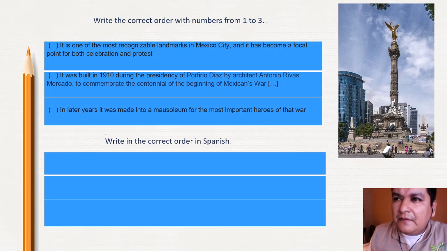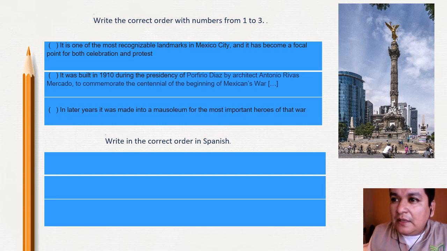Activity 2. Write the correct order with numbers from 1 to 3. I'm going to read the paragraph. I'm going to explain about the meaning, and you have to write number 1 to 3. It's one of the most recognizable landmarks in Mexico City, and it has become a focal point for both celebrations and protests.